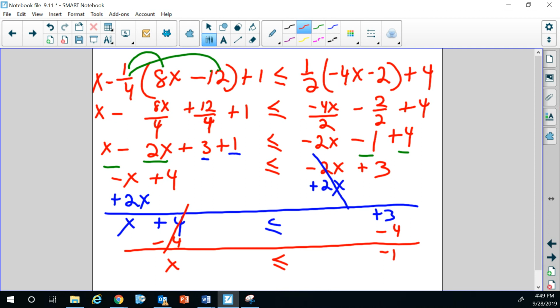Now, just suppose I had a negative x here. Negative x is just like a negative 1x. A lot of kids get confused with that. Therefore, to get rid of the negative 1x, I would divide by a negative 1, not a negative 1x, just a negative 1.